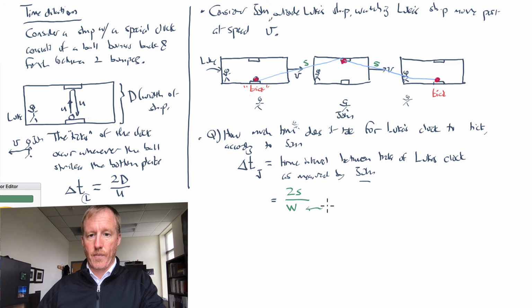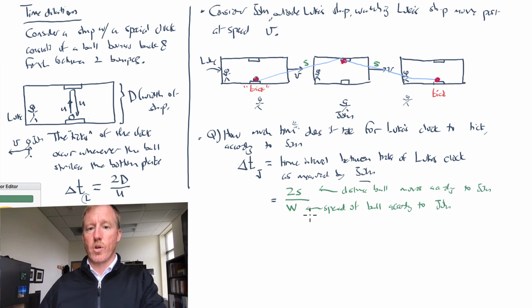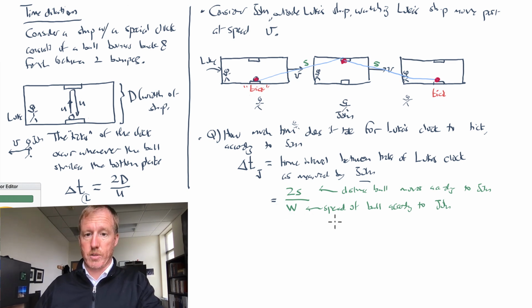So this is the speed of the ball according to John, and this right here was the distance that the ball moves according to John. And that combination, the distance over the speed, should give you the time between ticks of Luke's clock as measured by John.